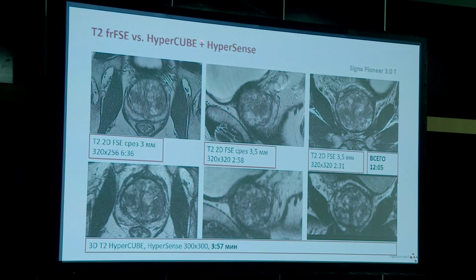It's called HyperCube. Combined with HyperSense, we can dramatically turn down the scan time. I must admit we might need to tweak this protocol a little bit to match for the same image quality, but this scan actually was done yesterday. We are using this technique as a pre-market beta software at the moment, and this was one of our first patients, but I wanted to show this impressive drop in scan time.